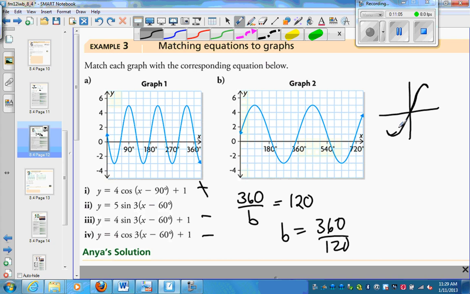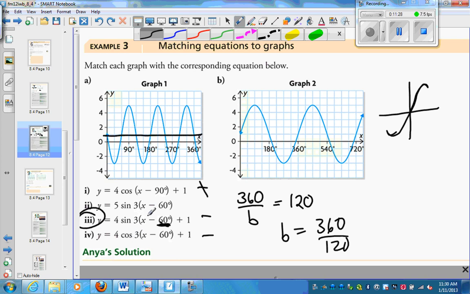It looks like that. But here we have a shift. We said we've shifted it over 60. So in order for it to be a sine graph, it had to have been translated 60 over, 30, 60 right there. That makes sense. The 1 means we've had a vertical shift. We saw that with our midline. So it's definitely going to be this one.